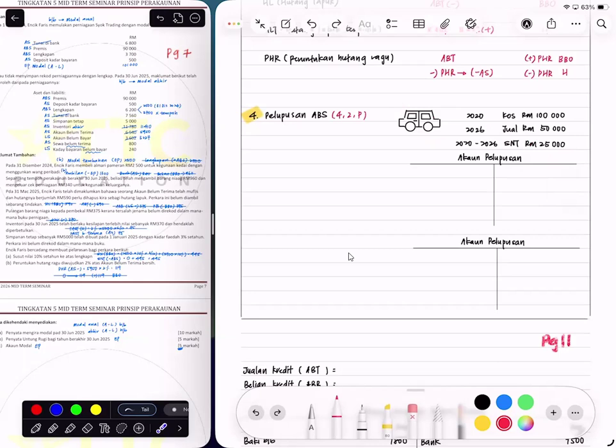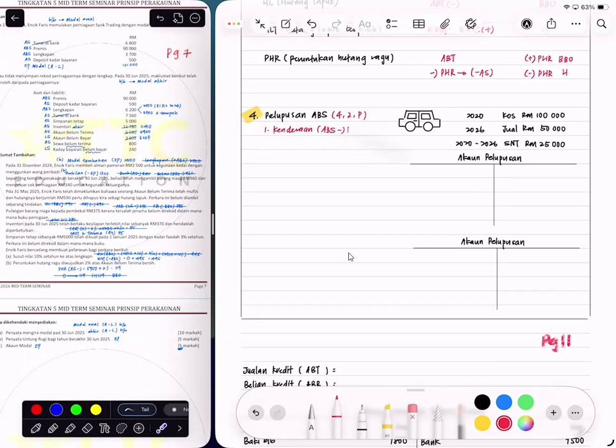And remember the first concept, if you sell out the ABS, don't keep any single cent related to the ABS. So first step, I sell out the car. So it will be affecting kenderaan, and kenderaan klasifikasi, ABS. If we sell it out, it will reduce.